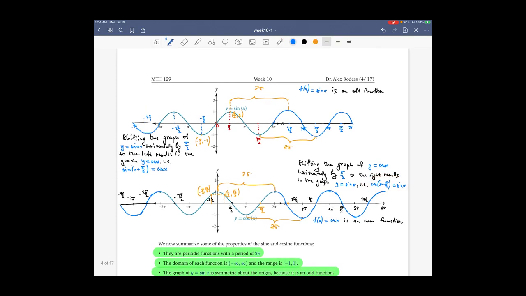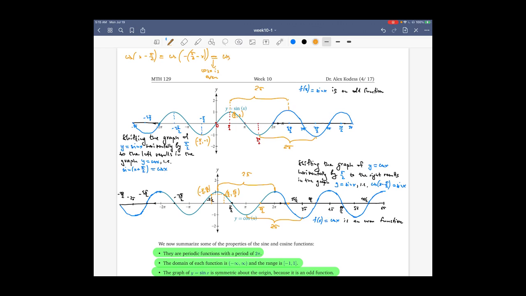explain, because if we have cosine of x minus pi over 2, we can factor out the minus now. We can use the fact that cosine x is even, and so the minus inside the cosine function can be ignored.